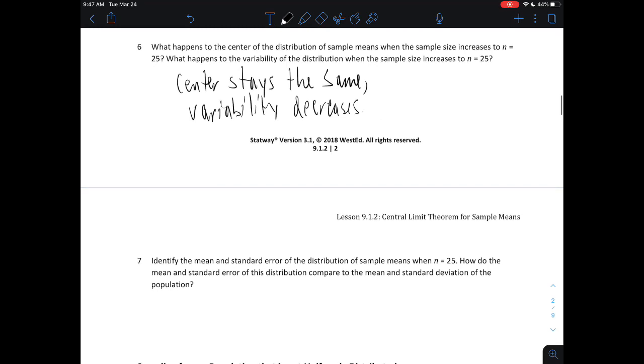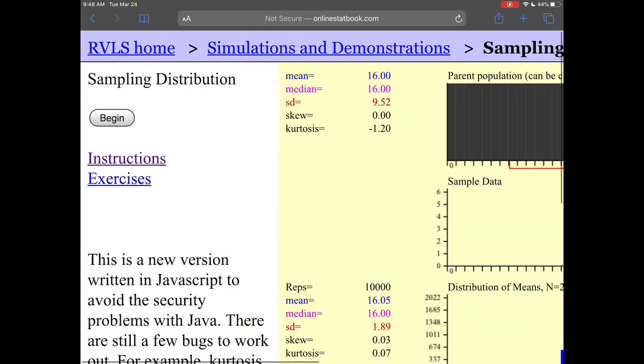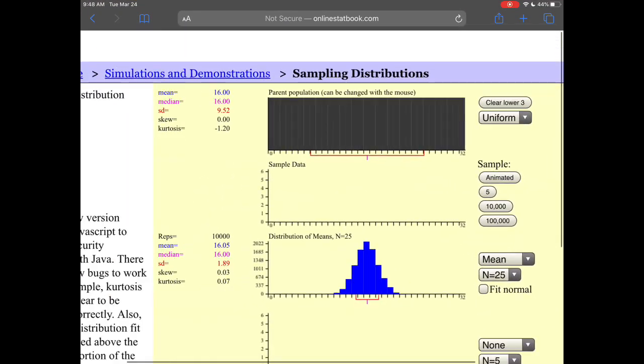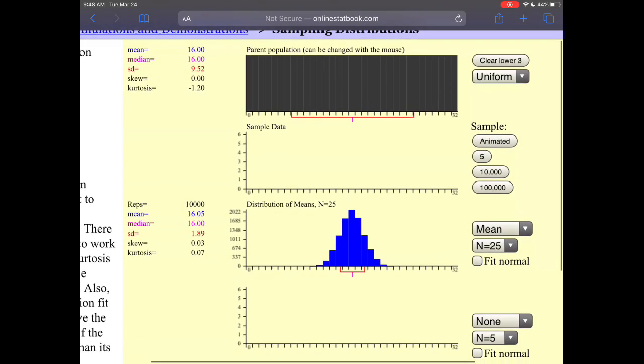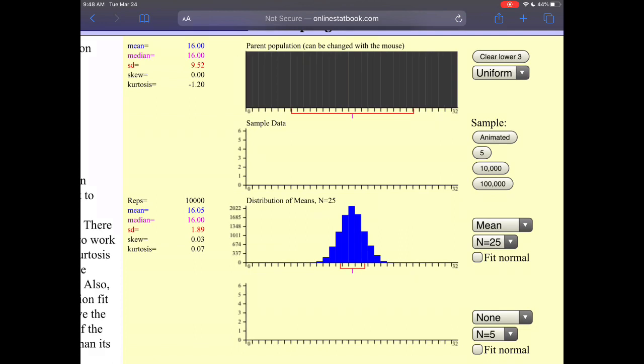And then number 7, identify the mean and standard error of the distribution of sample means when n is equal to 25. How do the mean and standard error of this distribution compare to the mean and standard deviation of the population? If we go back to our graph, we can actually get this information from some of the numbers here. First of all, in the distribution of means graph, the one that we've been changing with different sample sizes, to the left, we can actually see some of the information that they're asking about.